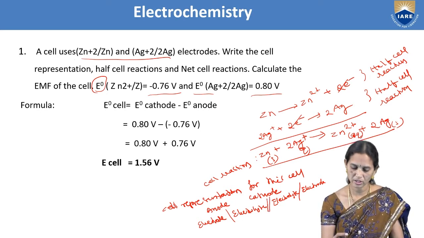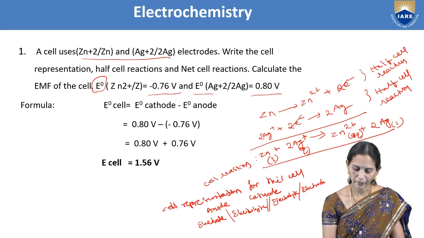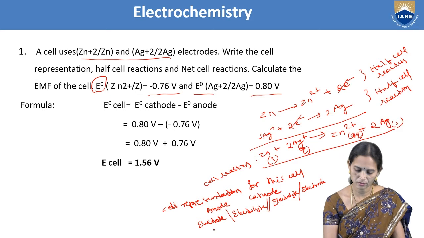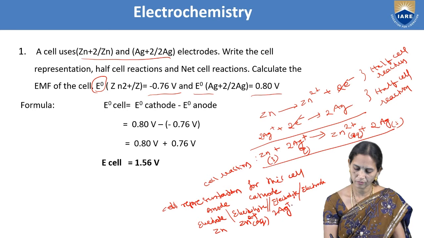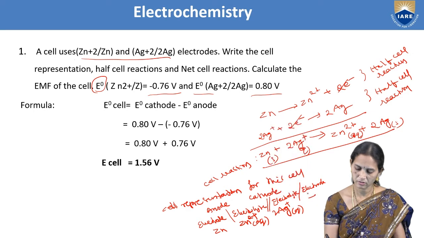Now we write the representation for this cell. The anode is the zinc electrode, the cathode is the silver electrode. So we write zinc, then Zn2 plus, then the electrolyte, silver nitrate solution, then the silver electrode.